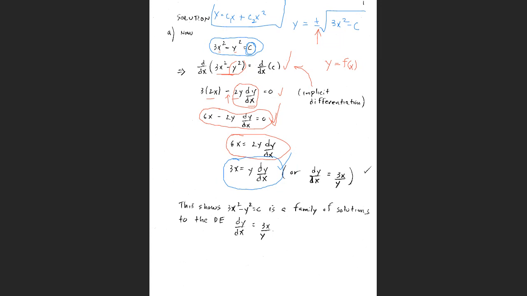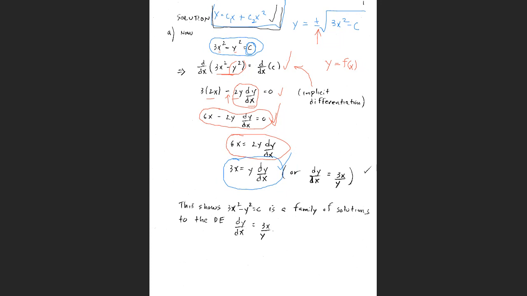And in order to solve a 2-parameter family, you would need 2 initial conditions. For a 1-parameter family of solutions, to solve for the constant, you only need 1 initial condition. But if you have 2 parameters, like here, you need 2 initial conditions.